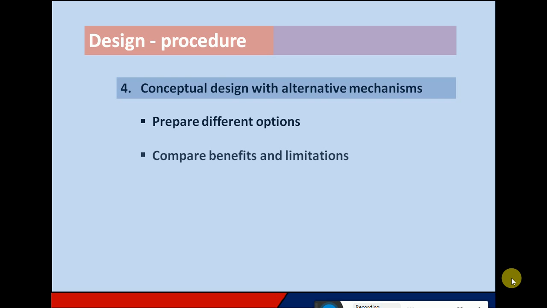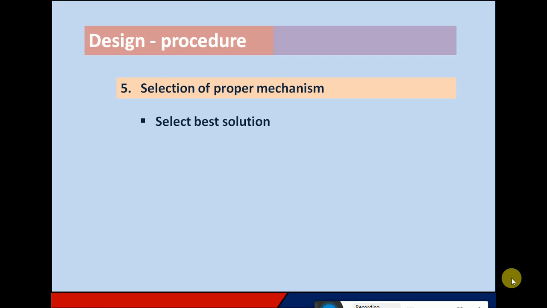Fourth stage is conceptual design with alternative mechanisms. At least 4 to 5 different options should be prepared and their benefits and limitations compared. Fifth is selection of proper mechanism. It may be a combination, and from that we can select the best solution. Again, we should know the limitations and benefits of this final solution.